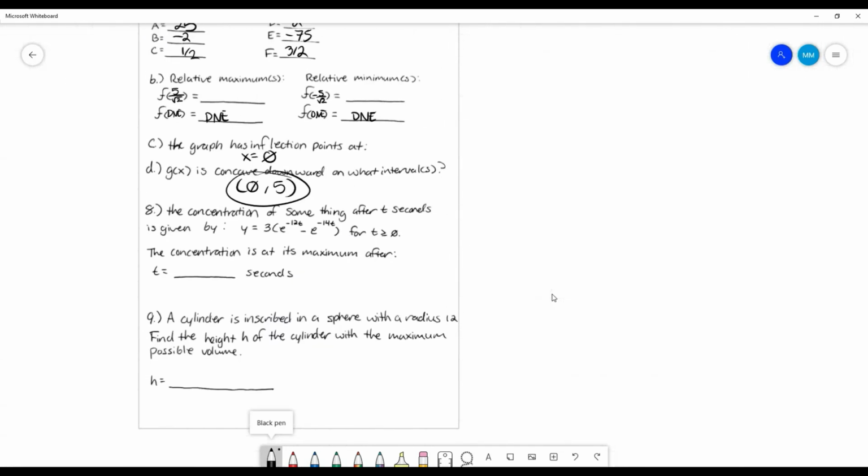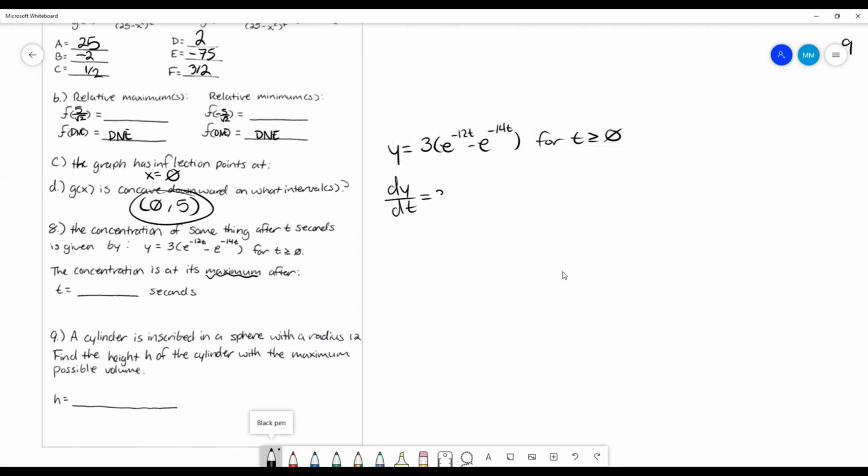It says the concentration of something after t seconds is given by y equals this for t greater than or equal to 0. We want to find when the concentration is at its maximum. So we first take that derivative. So I know that's 3.